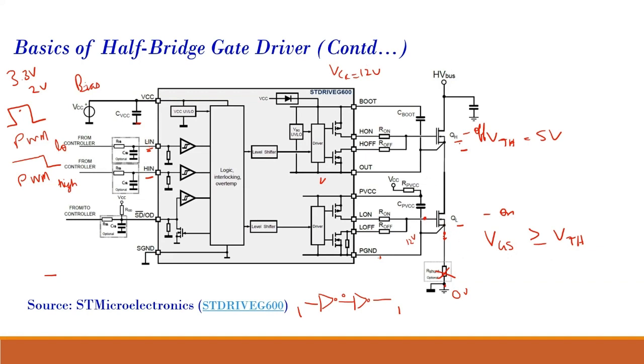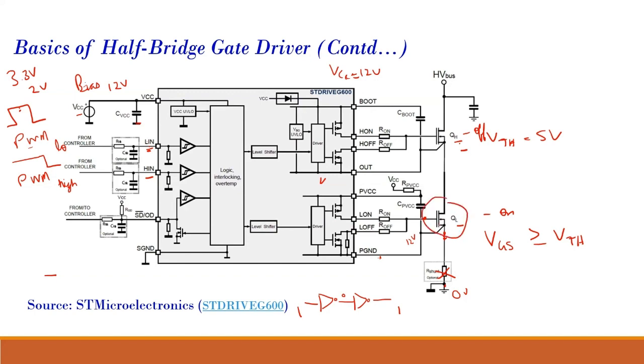So assume I connect VCC to 12 volt. This VCC supply, the bias supply, I assume to be 12 volt. Then when this low side PWM is 1, that is, logic level high, that would mean I need to turn on this MOSFET.